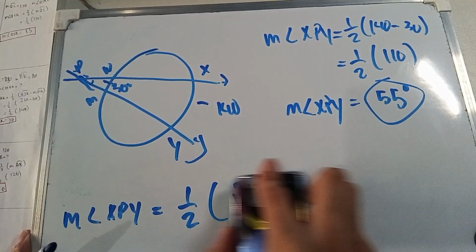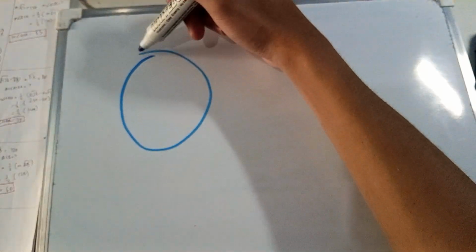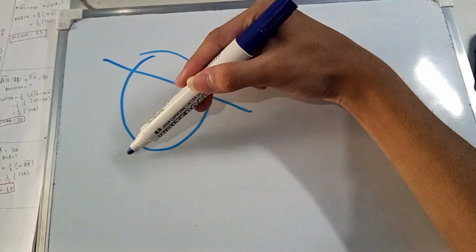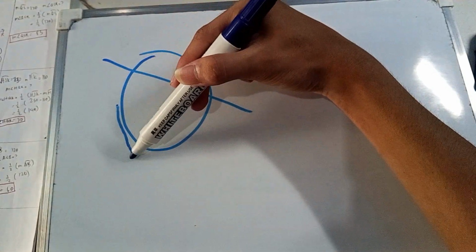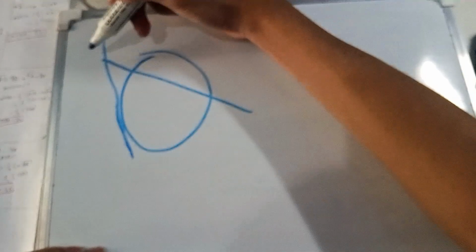Let's move to our third theorem. For our third theorem, we have one secant line and a tangent line. Oh, wait. Yeah, that is a tangent line.